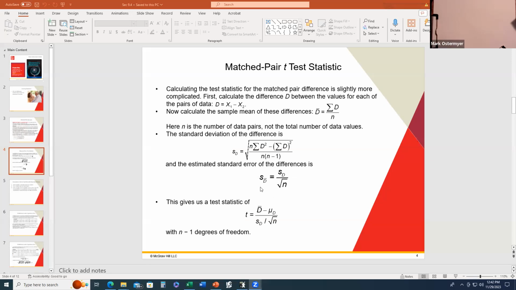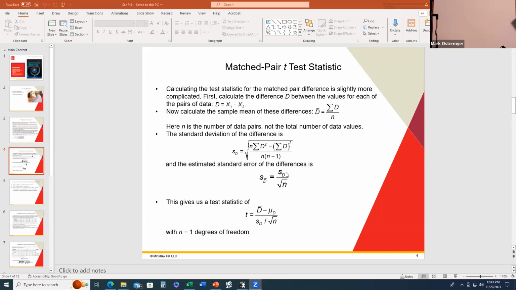And so they form a sampling distribution, okay? Just like the differences between sample means in the past formed a sampling distribution, or the differences between sample proportions formed a sampling distribution. Well, the differences of these matched paired observations also form a sampling distribution, and this would be its standard deviation. So this would be the standard error of that sampling distribution of the differences of all the matched paired observations chosen from the respective populations.